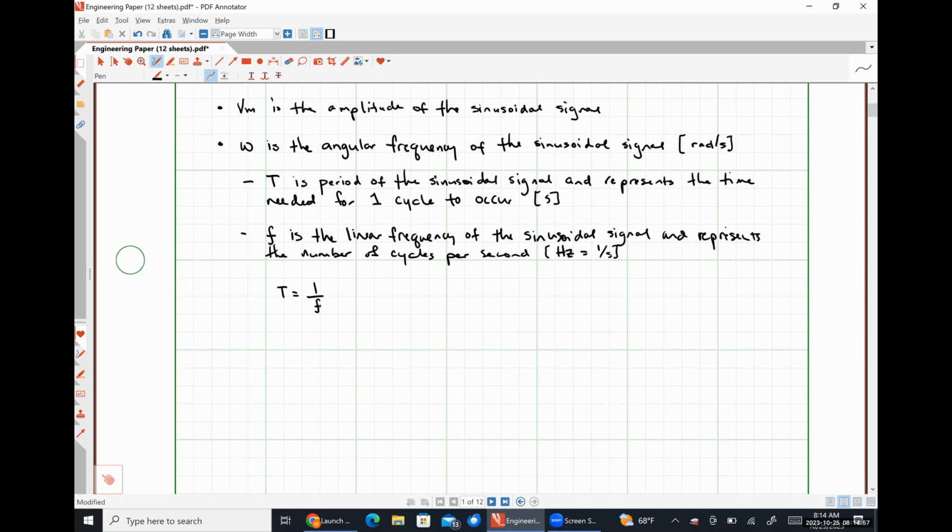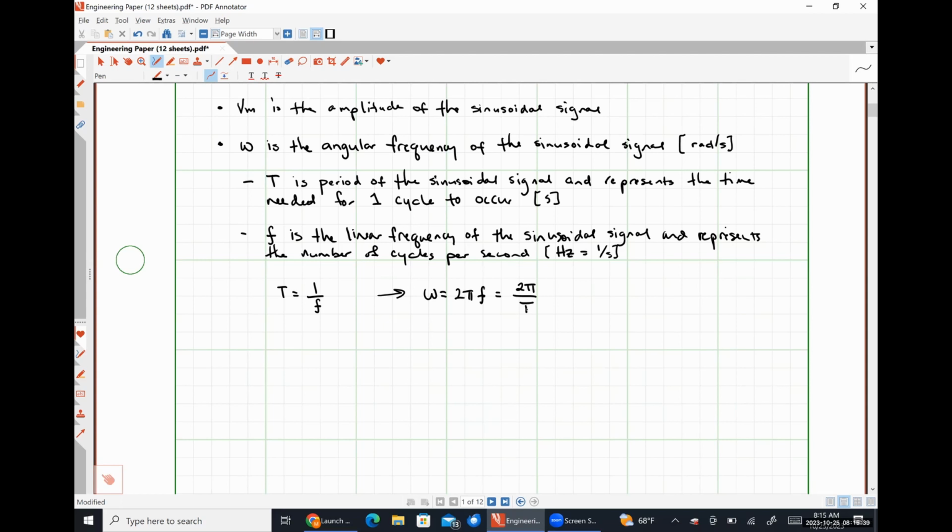So now let's go back around to omega, okay? So F is our linear frequency, the number of cycles we see per second. Omega is our angular frequency, which tells us the amount that the angle changes per second. Every cycle represents a change in angle of 2 pi. And so from that, we can say that omega is simply 2 pi times F, or 2 pi divided by the period.